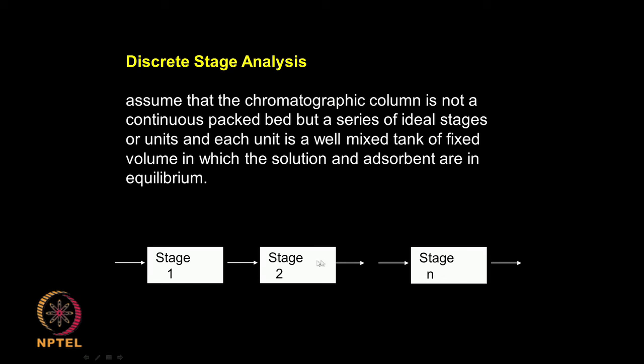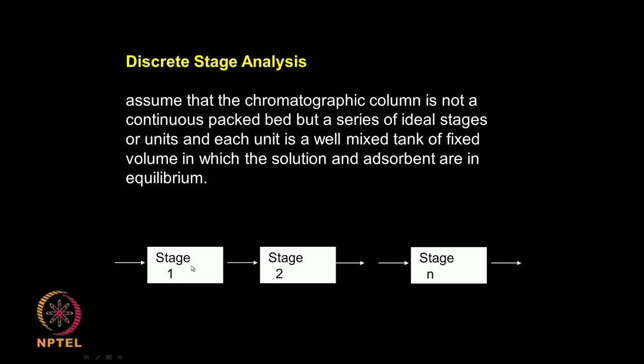So, this almost looks like liquid extraction. The only thing is that one of the phases remains constant inside the stage itself. So, there is movement of only one phase, whereas in liquid extraction you have movement of 2 phases.